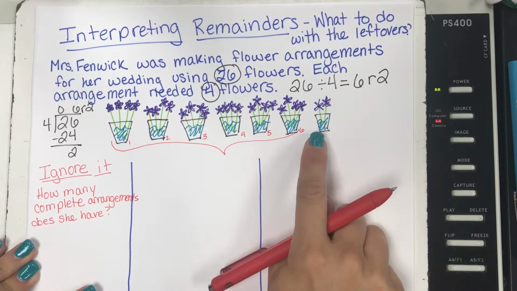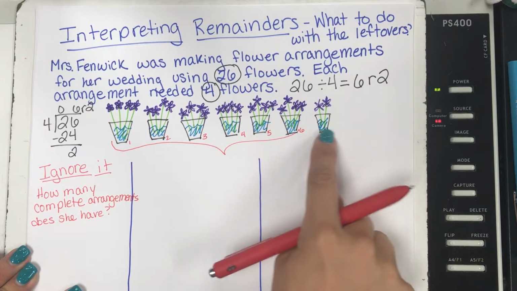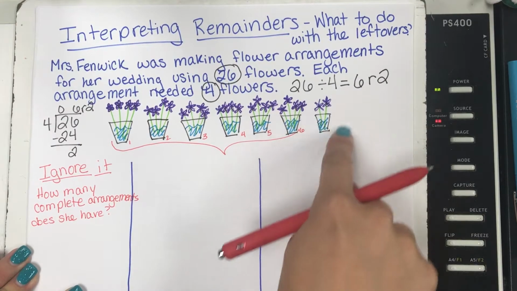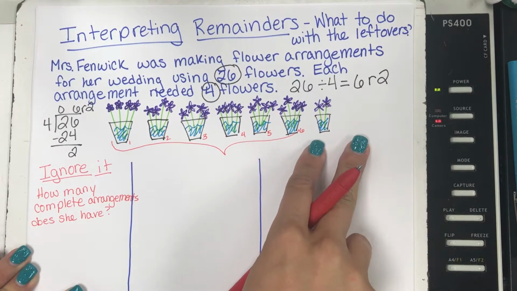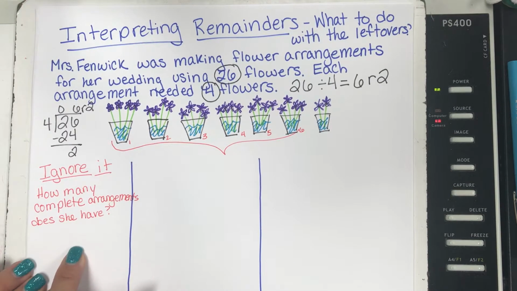Do I count this last vase at the end? No. Why? Because it's not equal to the same amount. It doesn't have the same amount. It's not a complete arrangement. It only has 2 flowers, but it needs 4 to be done. So the answer here would be 6.